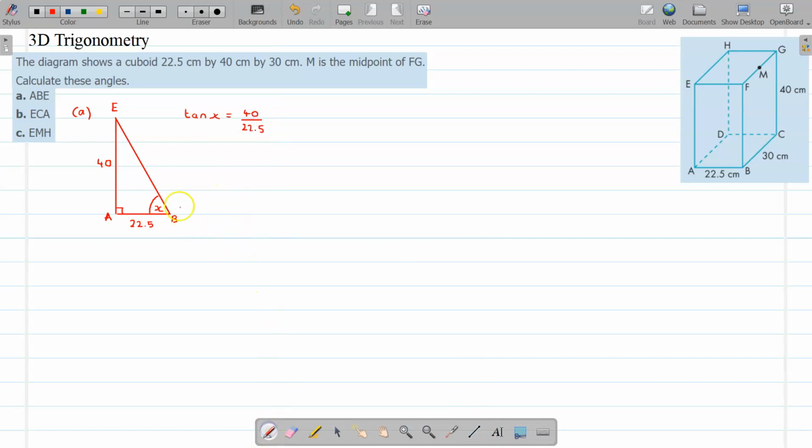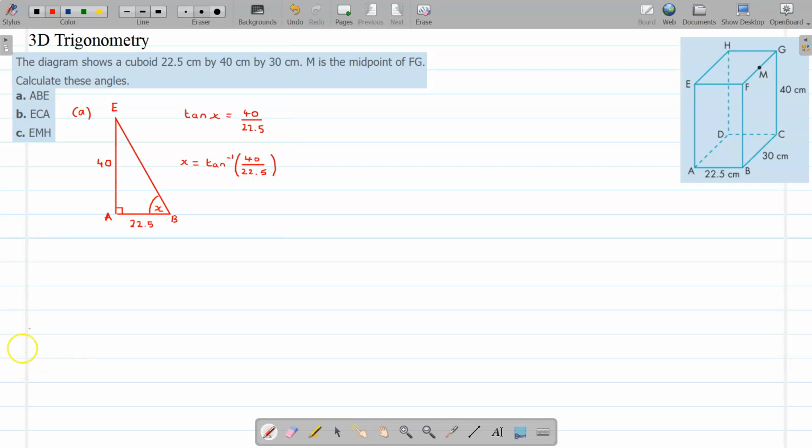So underneath that I would write that X equals the inverse tangent of 40 over 22.5, and put that on the calculator. Make sure the calculator is set to degrees, and when you put that in, it should be in a set of brackets.